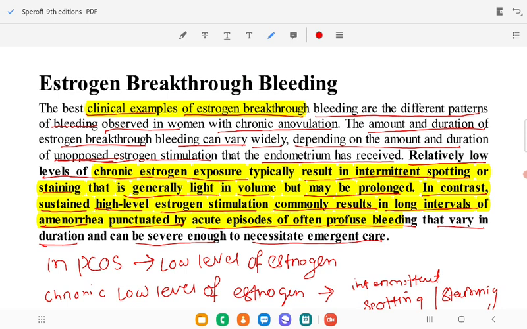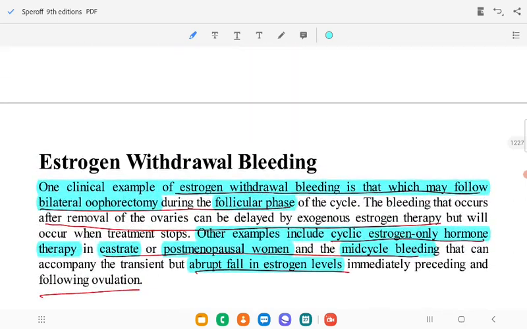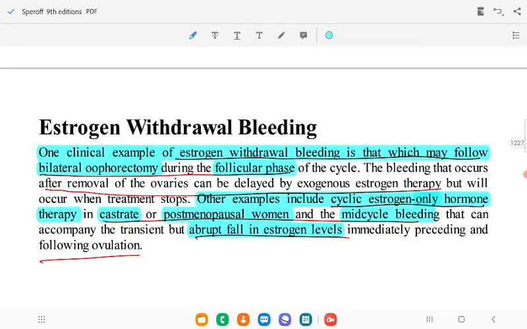So remember that there is estrogen withdrawal bleeding and estrogen breakthrough bleeding. What are the examples of estrogen withdrawal bleeding? There are three examples. One clinical example is the bleeding that may follow bilateral oophorectomy during the follicular phase, the bleeding that occurs after removal of the ovaries.